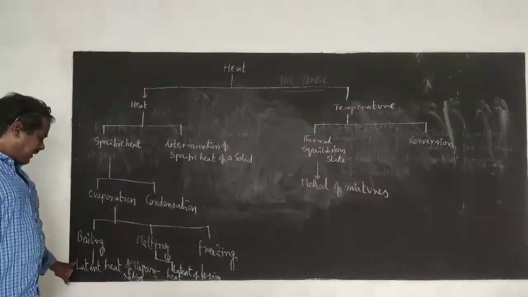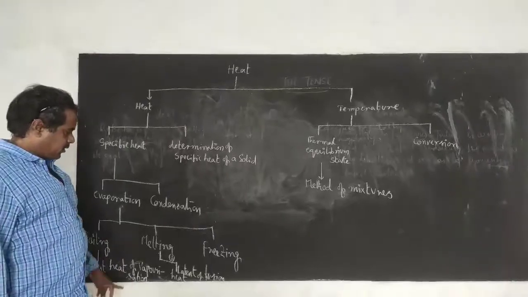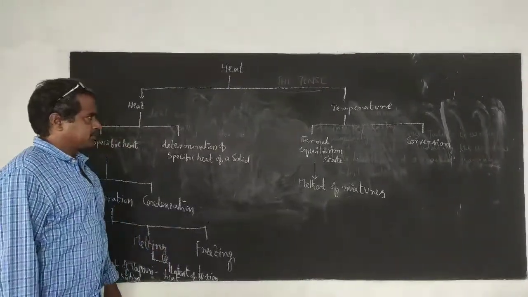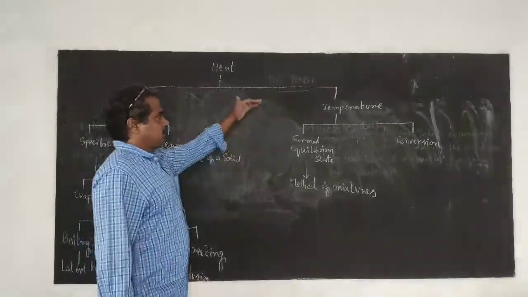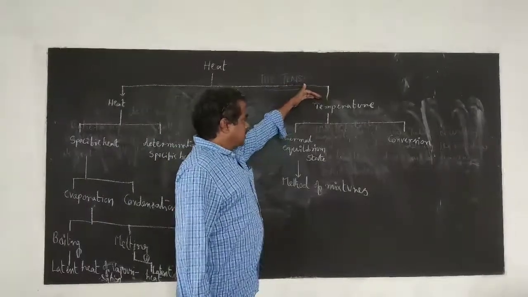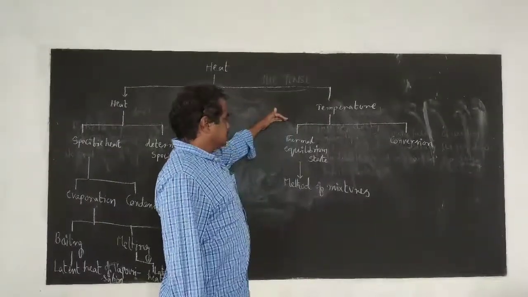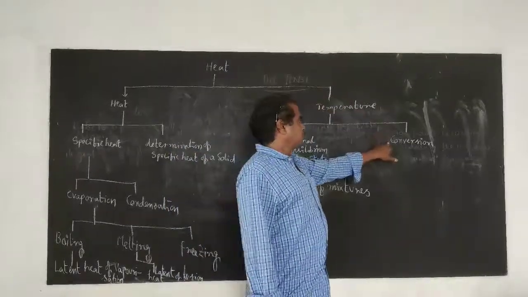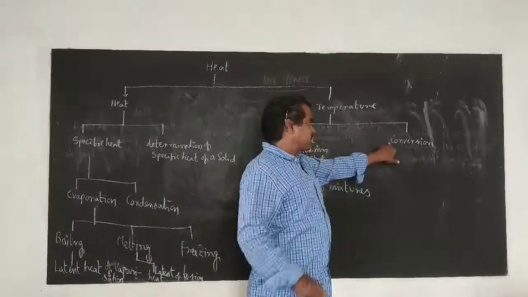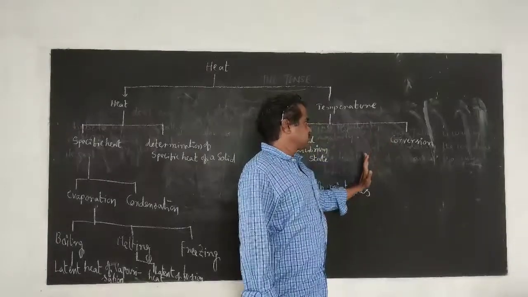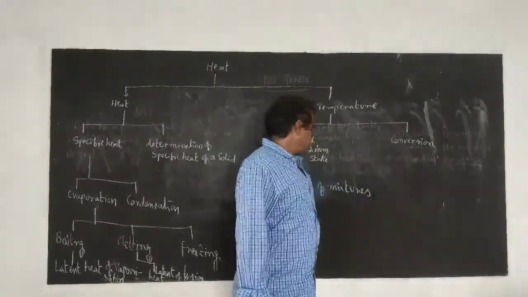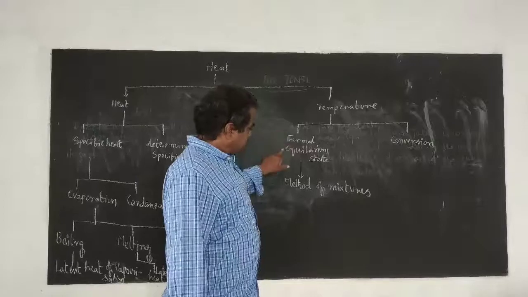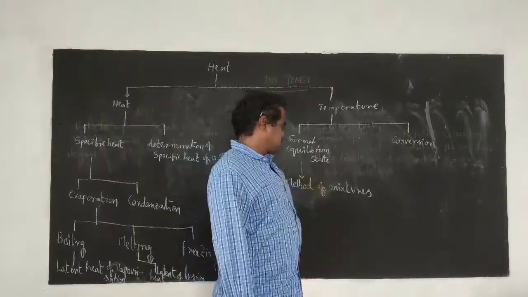Next, latent heat of vaporization and latent heat of fusion. Another phenomenon, temperature. Here we are going to discuss what is meant by thermal equilibrium state and how to convert the units of temperature from Celsius to Kelvin and Fahrenheit. Again, we are studying the method of mixtures also.